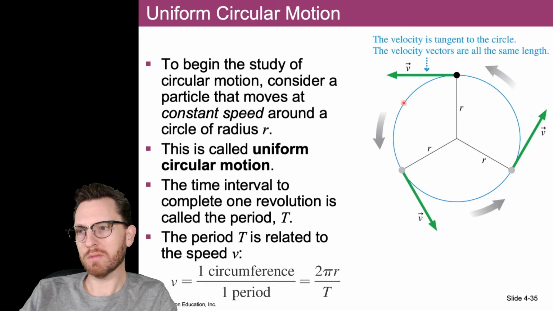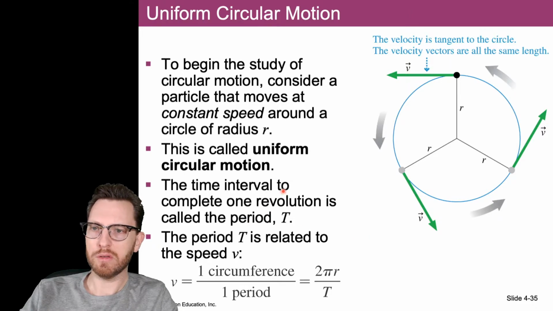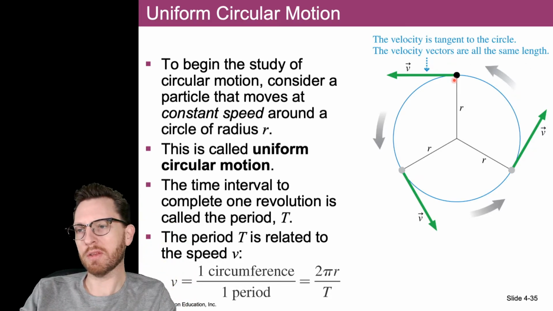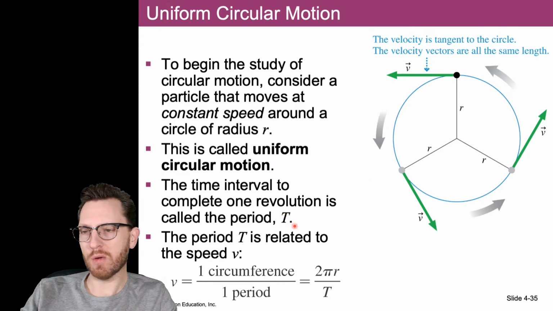around this circular path. In this example, there's some amount of time that it takes for this object to make one revolution, or one time around the circular path. We're going to call that particular time big T, or the period of motion. We can see here that the period is related to the speed.